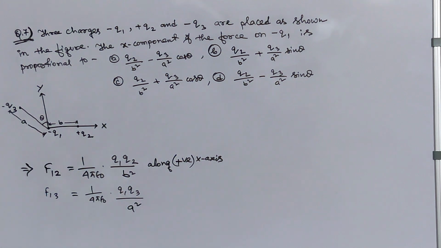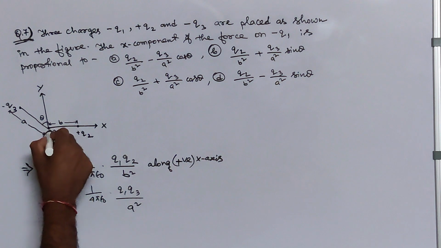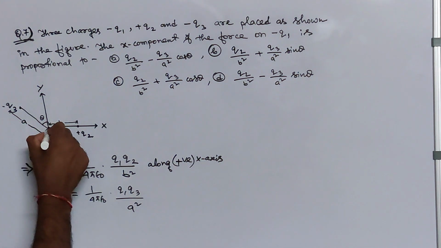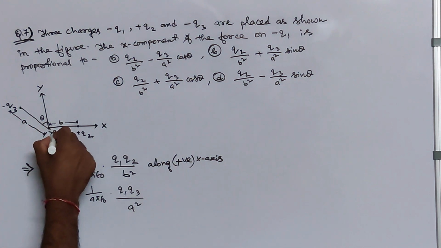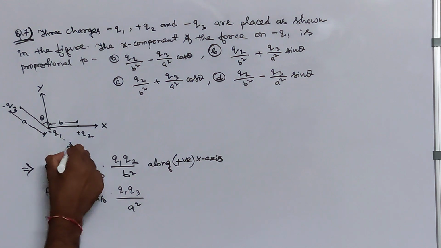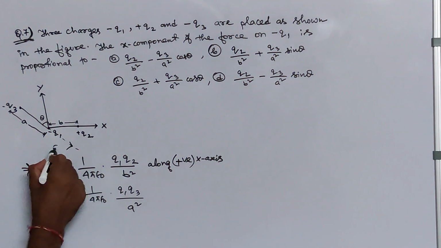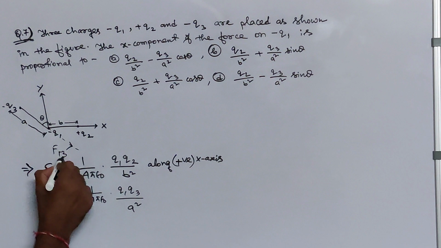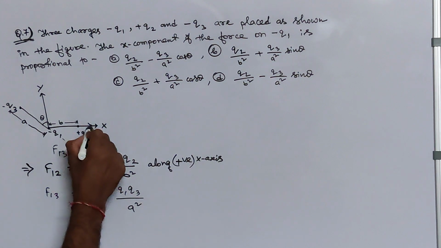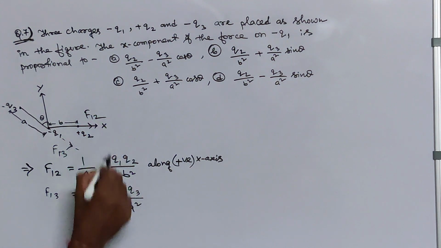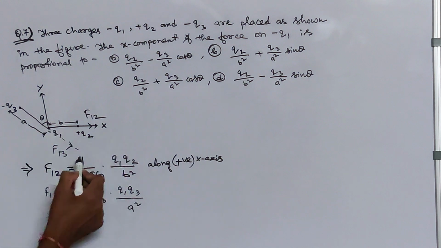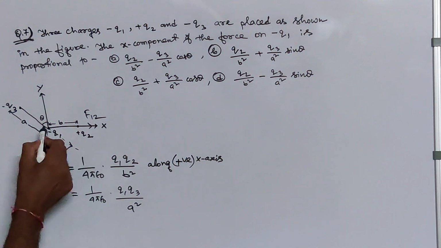And what will be the direction of the force? Q3 will repel Q1, so the direction will be in this direction, right? F13 will be in this direction, and this will be the direction of F12. Force on 1 due to 2 will be in that direction, and due to 3 will be in this direction.